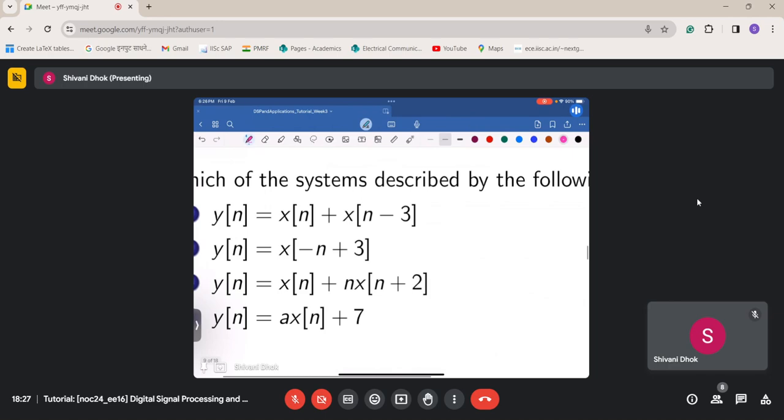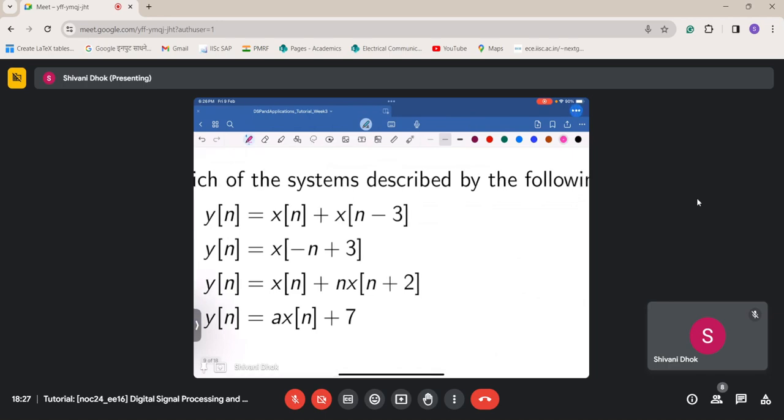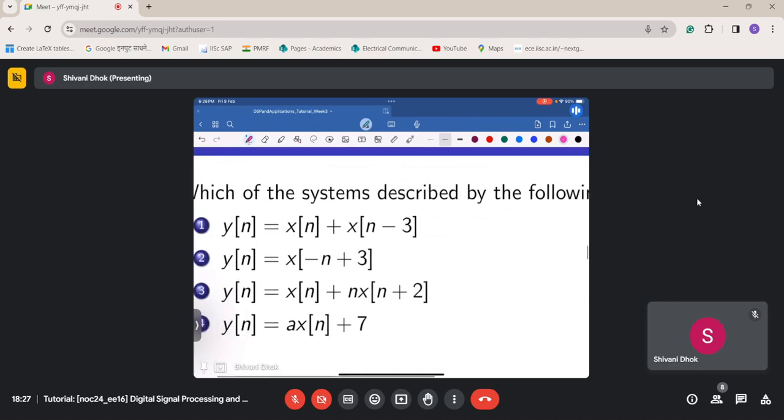So what is happening here is, let's say I'm looking at the output at n equal to 3. Then this thing is x of 3 and this is x of 0. So at any particular time instant, my current output will never depend on the future values of input. And that's why this is a causal system.